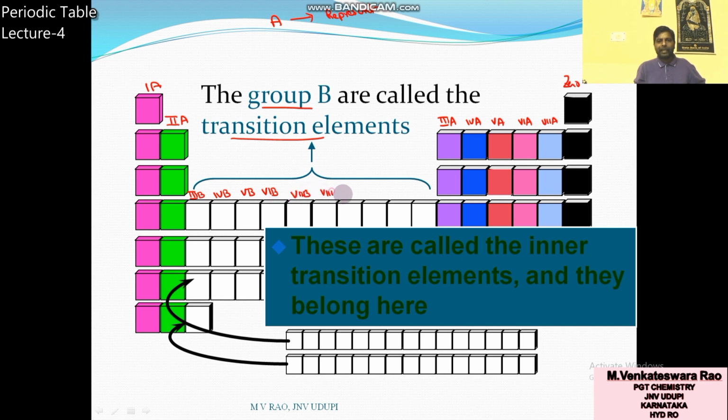These are the 8th group, which has 3 columns. It is 1B, it is 2B. This iron, cobalt, nickel is called 8th B, 8th group. So in the old system B groups are called transition elements. Nowadays it is the IUPAC system, numbering from 1 to 18 continuously. Total 18 groups. This is the IUPAC system for groups.